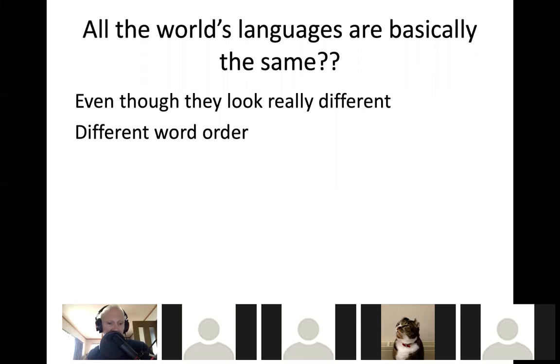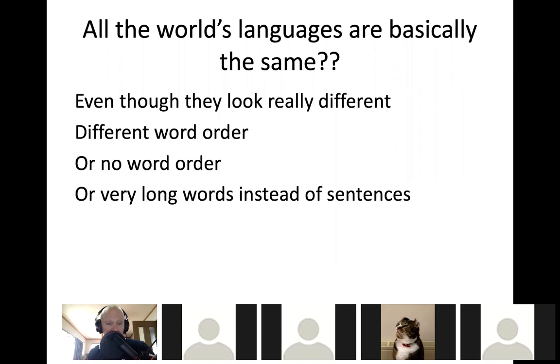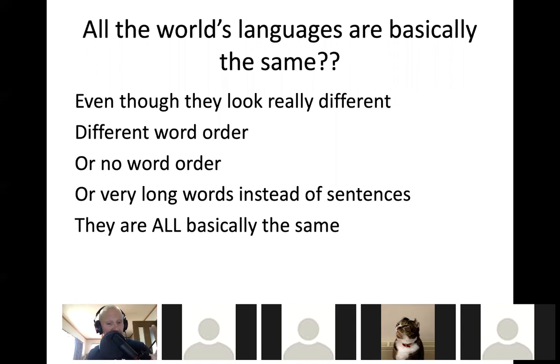So they look different, have different word order, or maybe some languages don't have a word order. Or maybe some languages have very long words instead of sentences. Some very strange languages. But still, we have to believe they're all basically the same. That's the universal grammar innateness hypothesis.